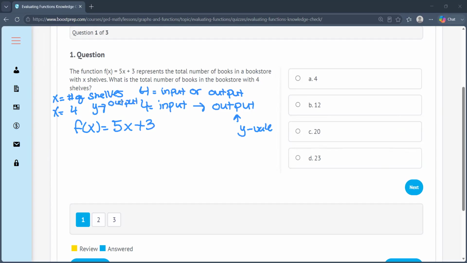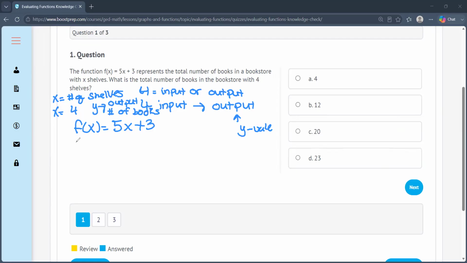It's going to be the number of books. So that's very helpful when you do these problems. Figure out what your x value is in words, then plug in the value, then figure out what your y value is in words, and then figure out algebraically what the number is.